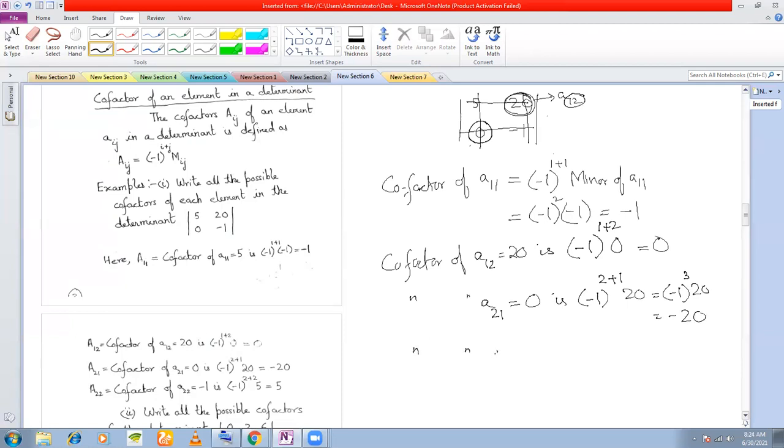And similarly, the cofactor of A22 equal to -1 is -1 to the power of 2 plus 2 into this minor, which is 5. So this becomes -1 whole to the power of 4 into 5, which is simplified. So this is how you evaluate the cofactor.